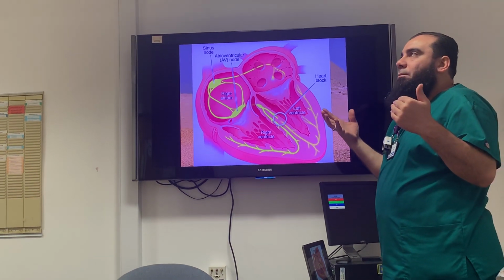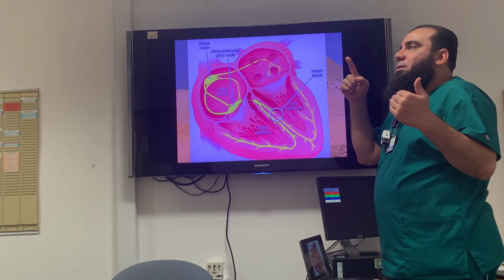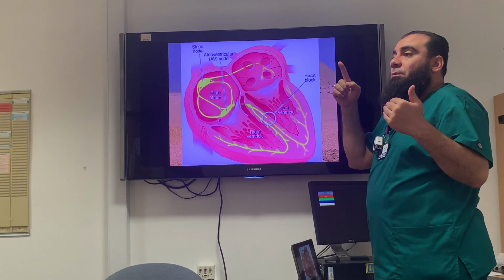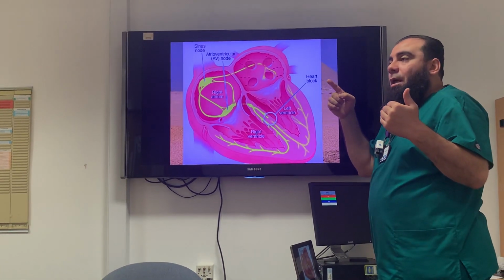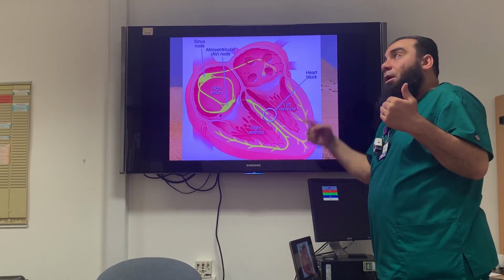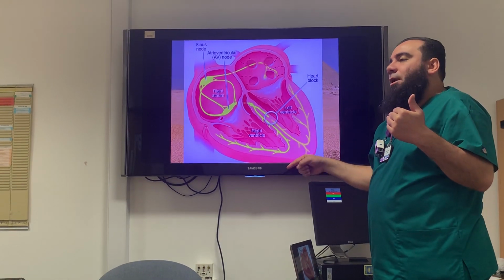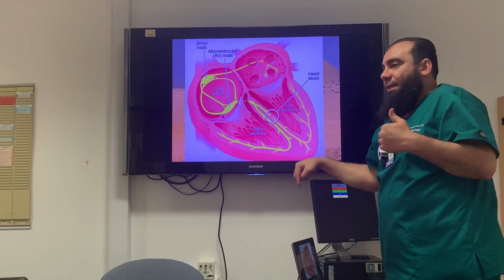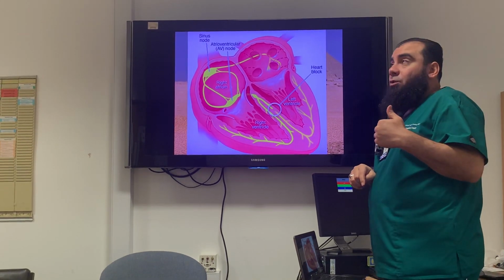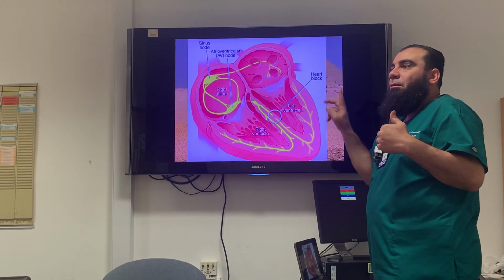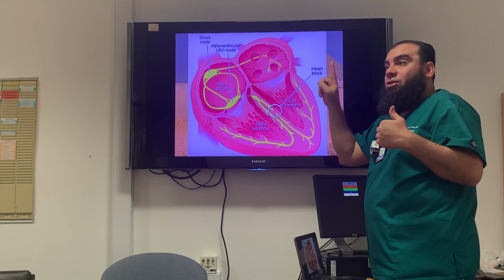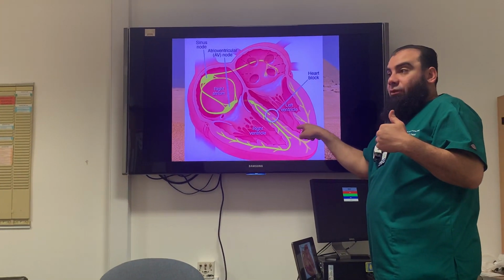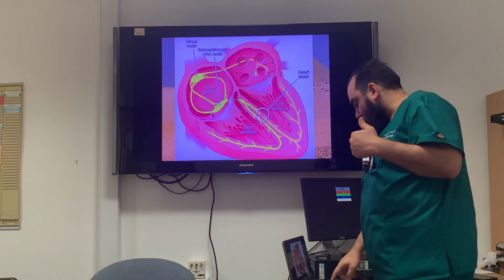Q is the septum, R is the left ventricle, and S is the right ventricle. So we expect an issue with the R because it represents the left ventricle. Is that right?